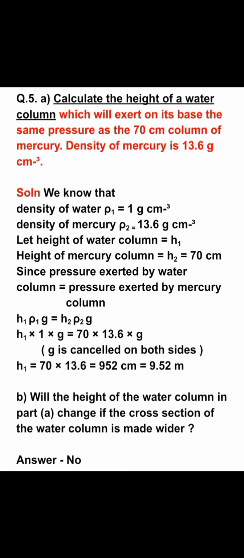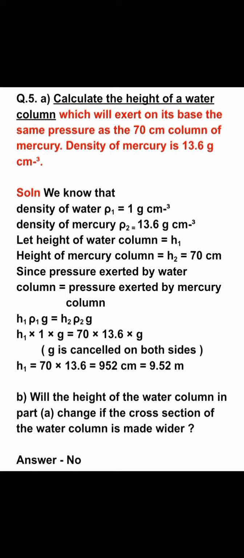equals 952 centimeter. Since here all the data are given in gram per centimeter cube, the H1 which we have got in centimeter, 952 centimeter, can be converted into meter when we divide it by 100, and we will get 9.52 meter.